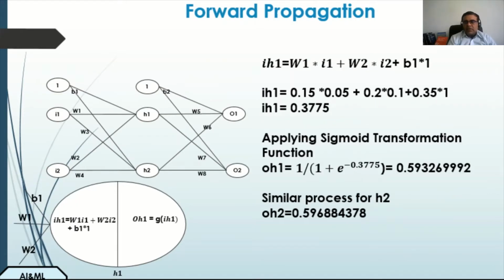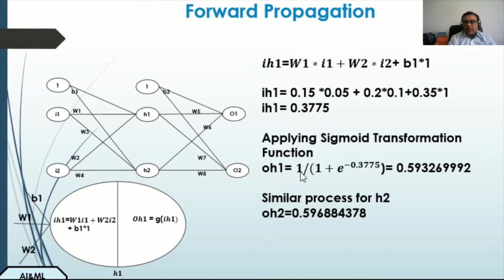So as this process starts in the forward propagation, first, we'll get the input values coming to node H1, which will be W1 I1 plus W2 I2 plus a bias term, that is B1. So here we have done that computation, W1 I1 plus W2 I2 plus bias into 1. We get the input coming to the node H1, and then we apply a sigmoid transformation function to get the output from this node.